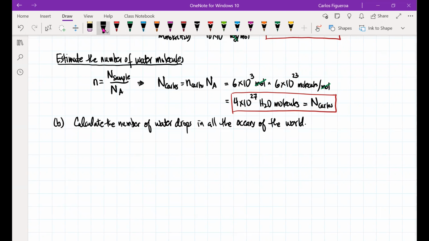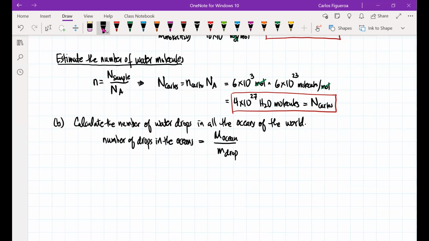So what we're really looking for is that the number of drops in the oceans should equal the mass of the ocean divided by the mass of a water drop. That's how we're going to compute that.